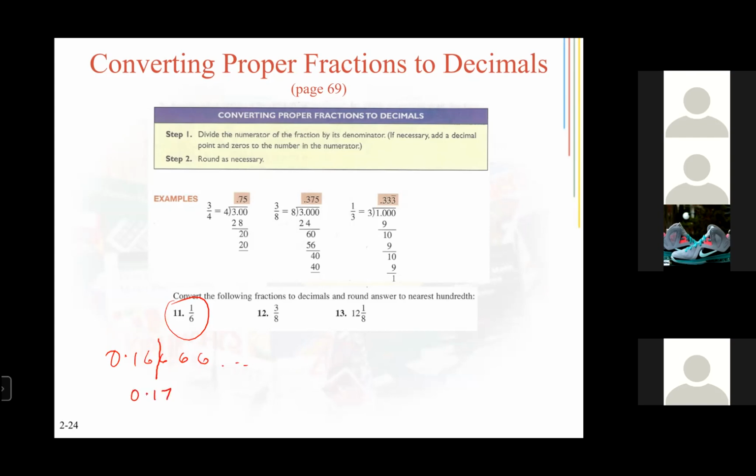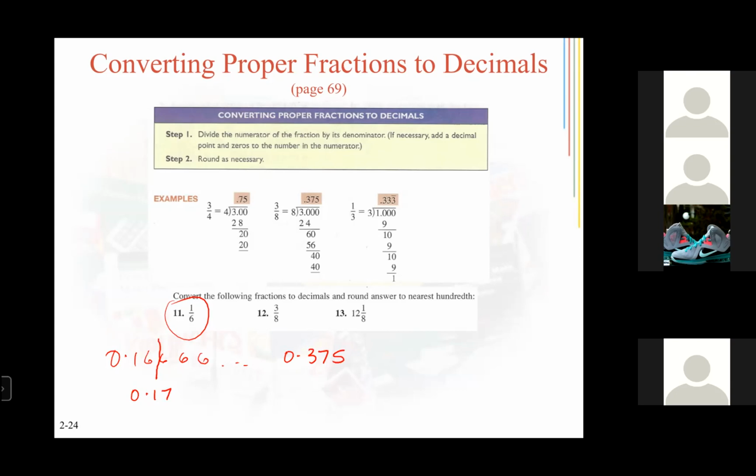Okay. And likewise, if you divide 3/8, what do you get? 0.375. Okay, 0.375. But if they want the answer to the nearest hundredth, what would you give us? 0.38.